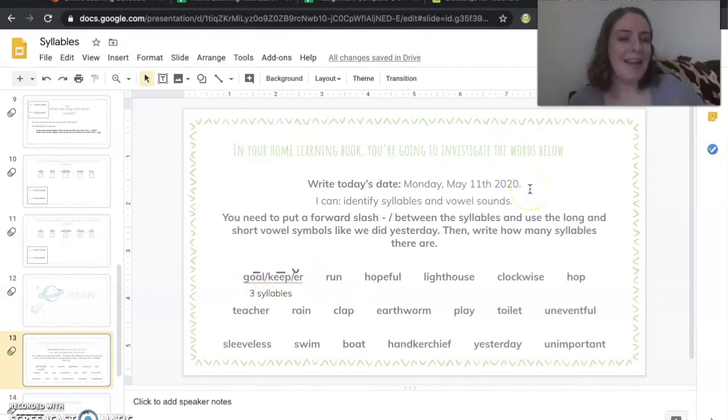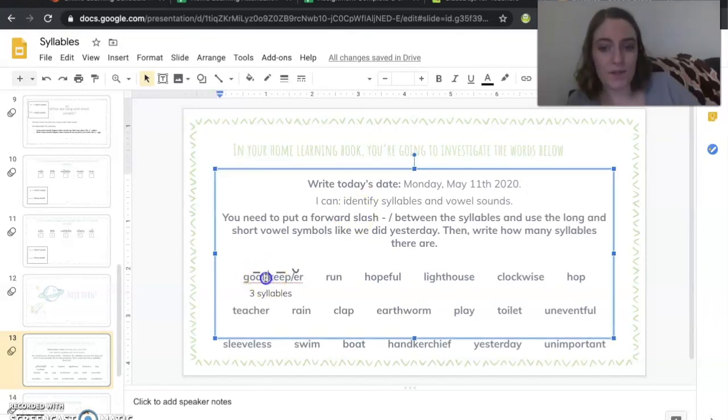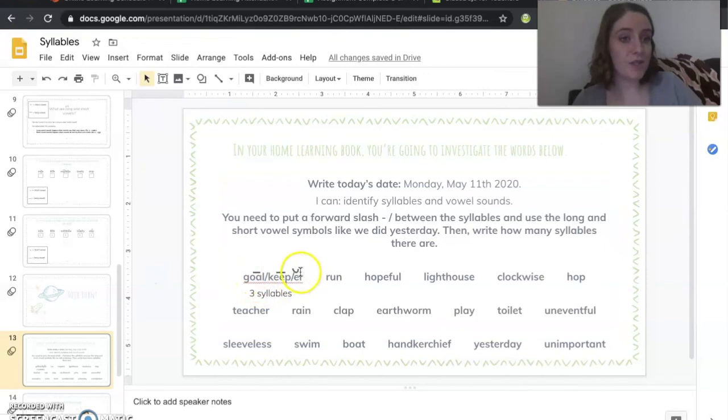Now, if that sounds too confusing to do all 3 steps, I think you can do it. I know you can do it, but if you think all 3 steps is too hard, then you don't need to draw these forward slashes like this. You can keep the word all together, but you do need to put on the long and short vowel symbols and tell me how many syllables there are in each word.